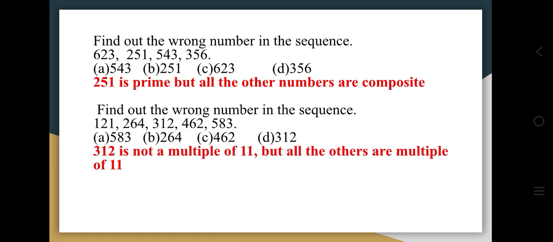So in the second problem, find out the wrong number in the sequence: 121, 264, 312, 462, 583.